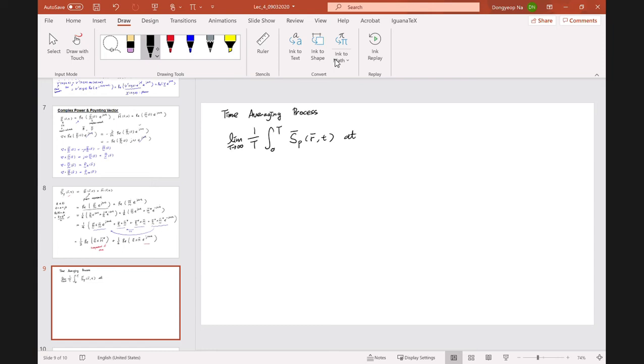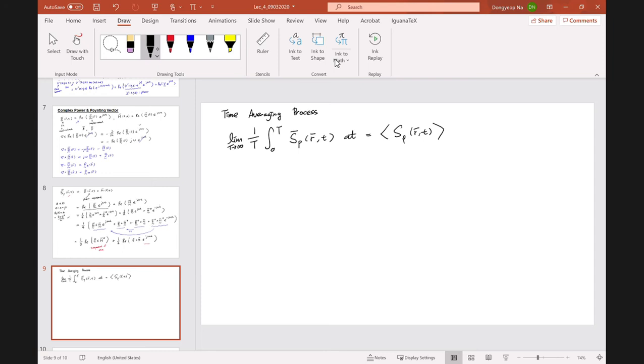Meaning that we're going to integrate this Poynting vector over a certain domain from 0 to uppercase T, and then we multiply by 1 over T and let the uppercase T go to infinity. Then this is going to be the time averaged power, usually denoted in this way, with brackets here.